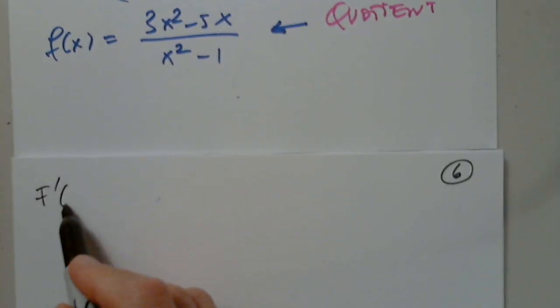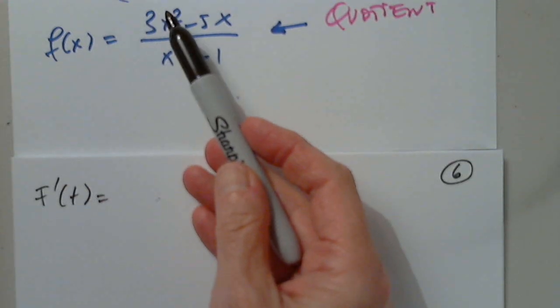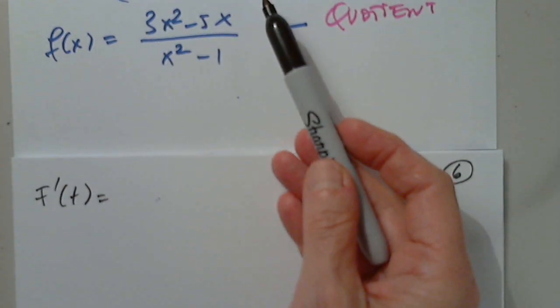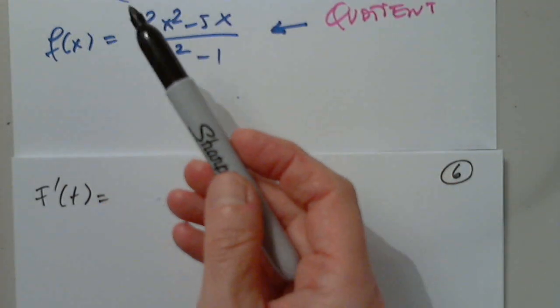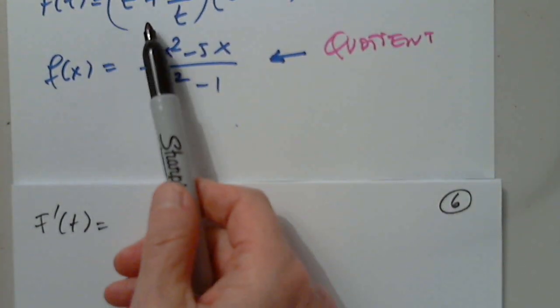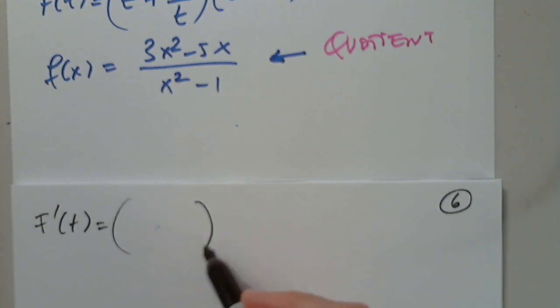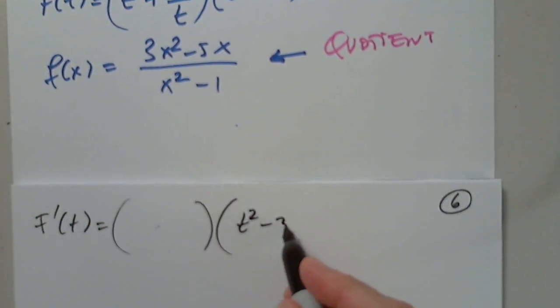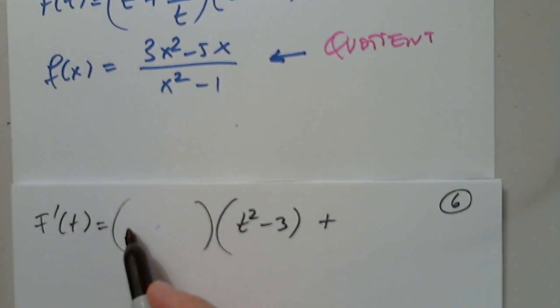So remember, f prime of t will be the derivative of the first one times the second one, plus the first one times the derivative of the second one. Can anyone give us the derivative of the first one? The derivative of t.